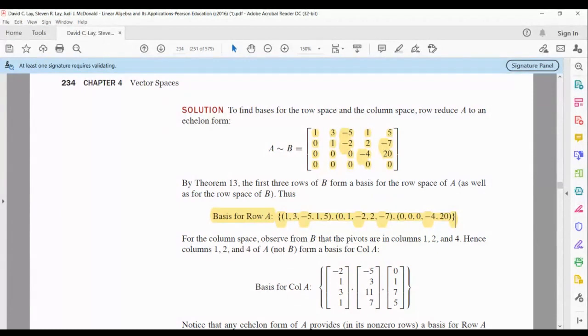Which columns are your pivot columns in matrix B at the top there?